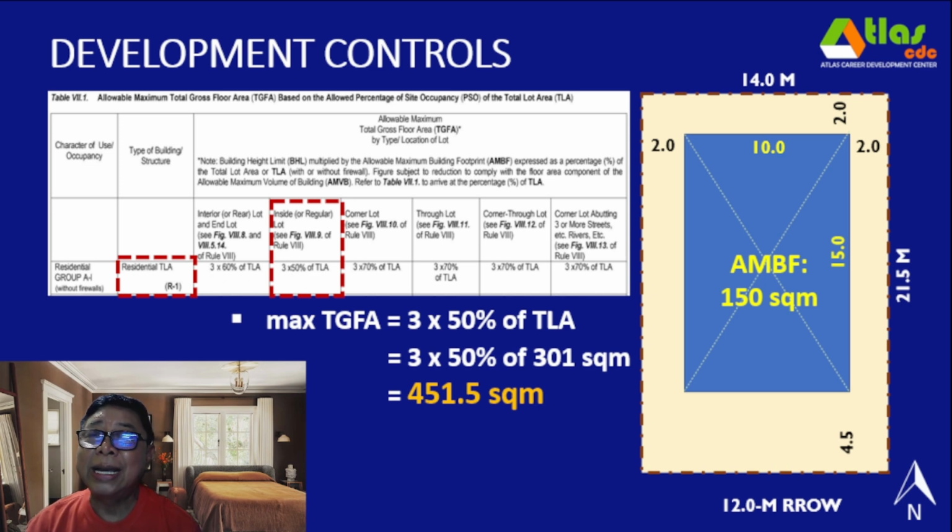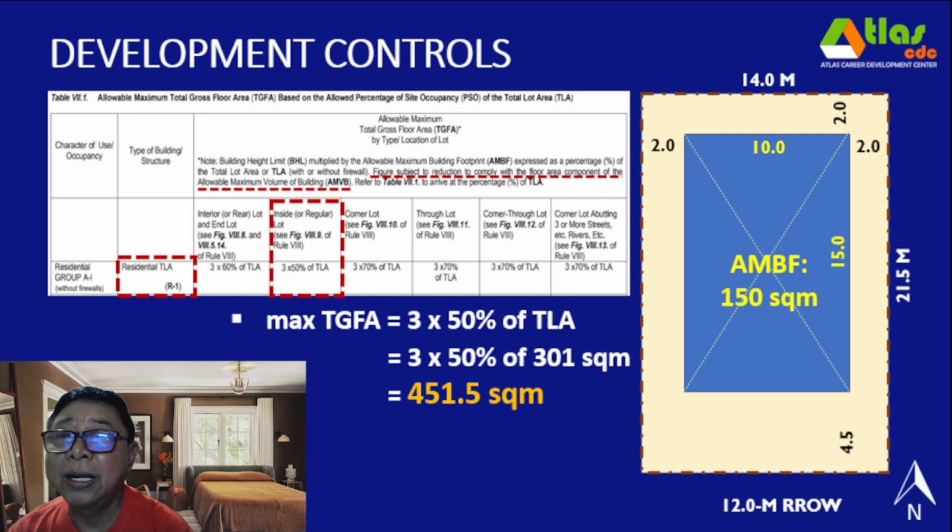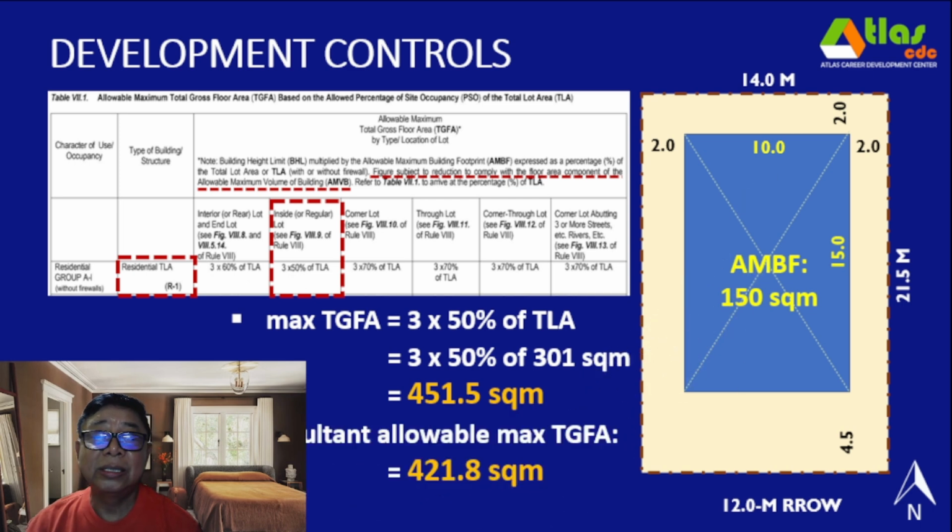Take note that in this table, there is a provision here saying that this value or figure is subject to reduction to comply with the floor area component of the allowable maximum volume of building, which means that the one that we have derived earlier, our resultant maximum TGFA, is the final value of your allowable maximum TGFA, 421.8 square meters, which will not exceed our computed final value of the AMVB.